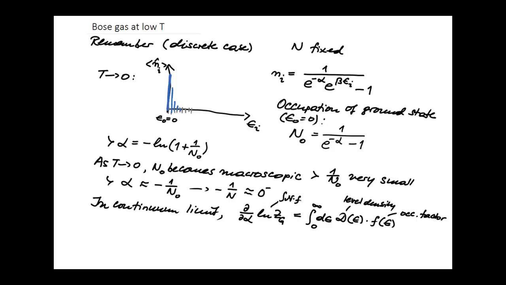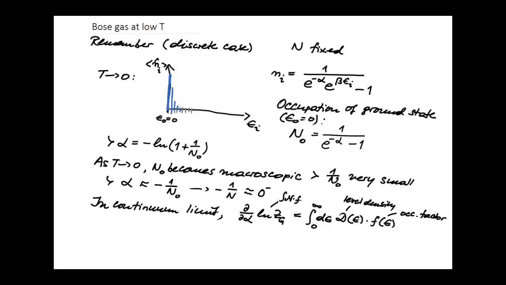Why is that? That's because the level density, remember for non-relativistic particles, the level density, D of epsilon, goes like the square root of epsilon. So at epsilon equal to 0, at the ground state, the level density vanishes.